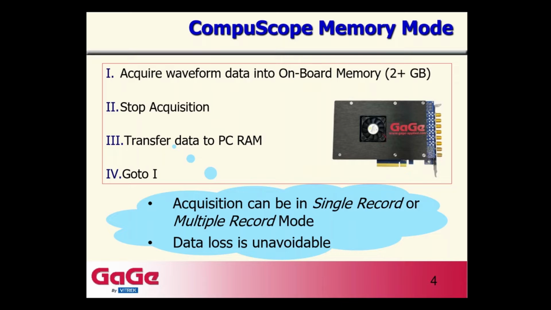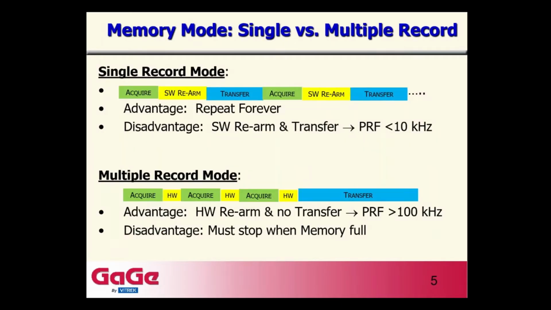So, for example, with, say, 1 billion samples of onboard memory, you could capture 1,000,000 point waveforms, which is a real case that can come up in a scan of 1 million different triggers, for example. But again, once you've filled up the memory with triggers, you have to stop and download all those triggers. So again, data loss is unavoidable, and that's an overview of our memory mode.